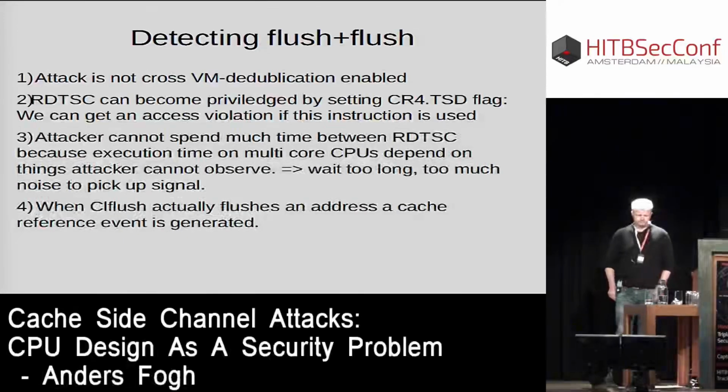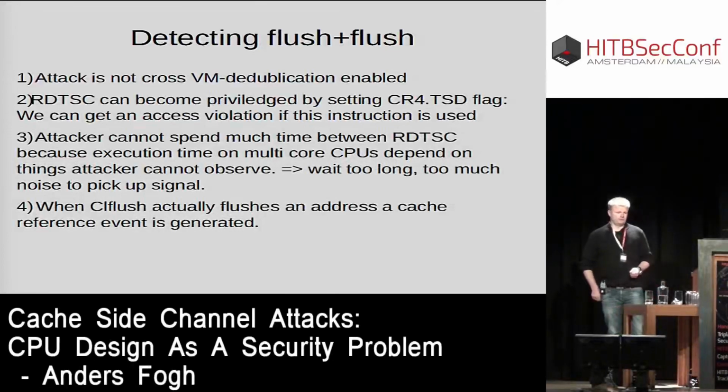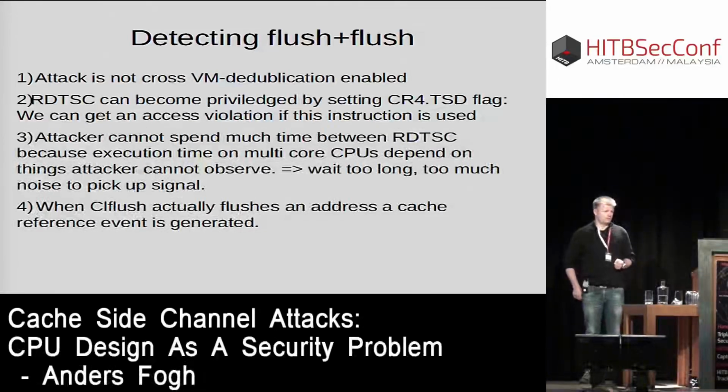There is significance to the difference to Flush+Reload here. With Flush+Reload, you have 120 cycles of difference in timing. With Flush+Flush, it's much faster. The difference is much smaller. It's just a handful of clock cycles. And there's a fair bit of noise, so the attacker is not capable of waiting too long before calling his next RDTSC instruction to end the timing of the attack.